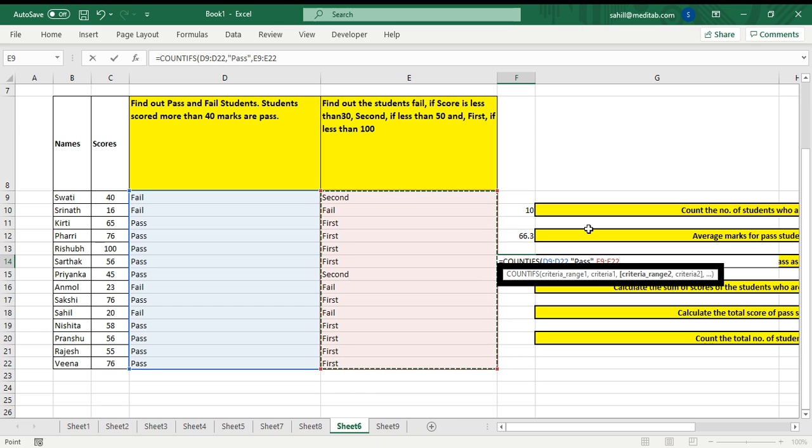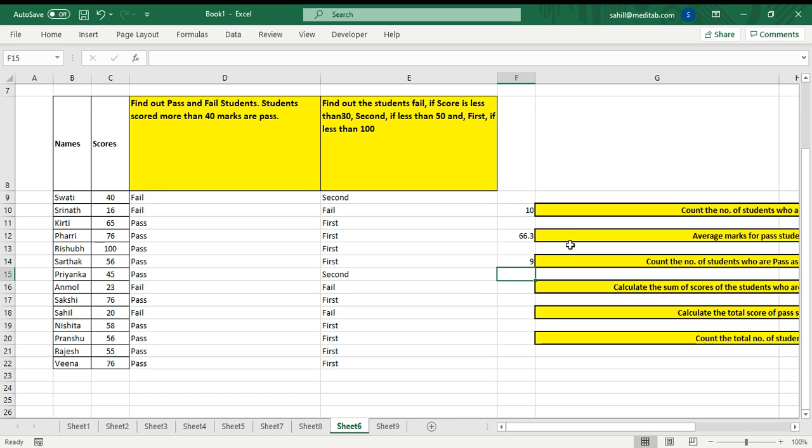So I'm selecting this because in the second column we have first, second, fail. I'm selecting this range, and the criteria should be first. Okay, I'm closing it. See, there are 9 students who are pass as well as first.